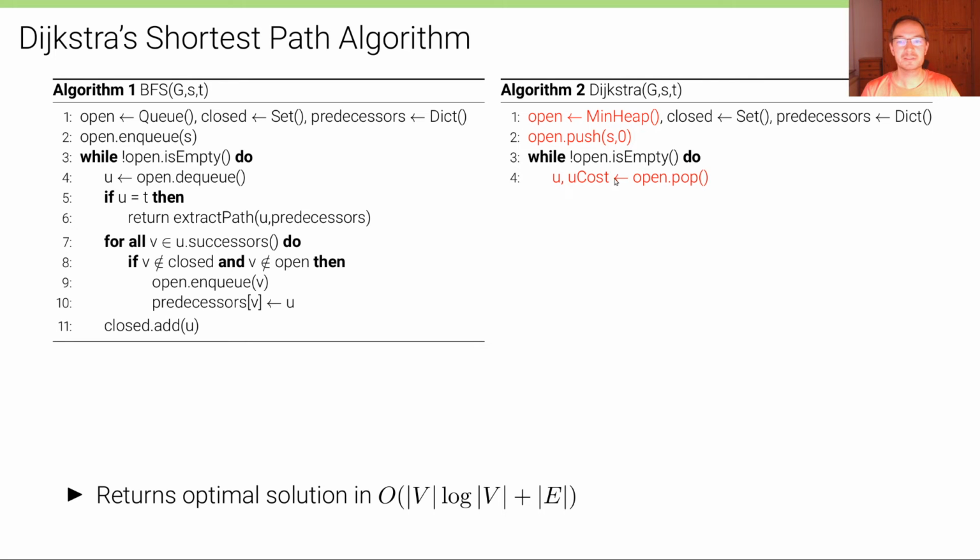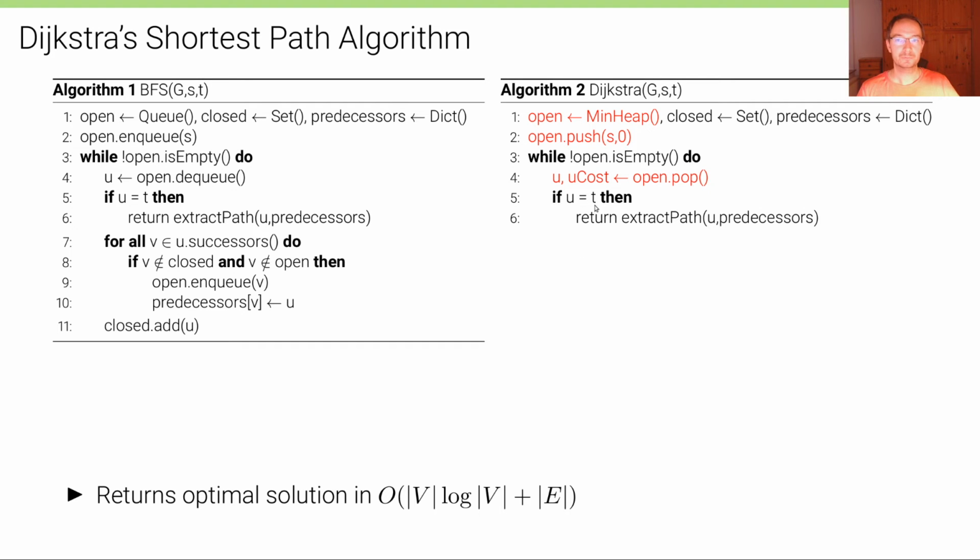I've written this here in Pythonic notation, where we are obtaining from this pop operation u, the node itself, and the cost. In the first iteration, we would obtain u equal s and u cost equals 0.